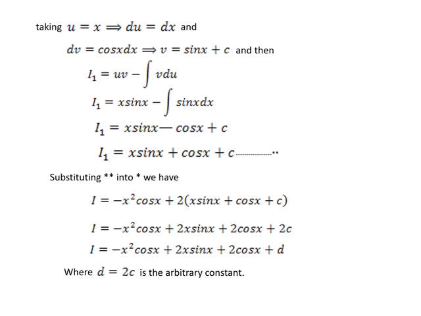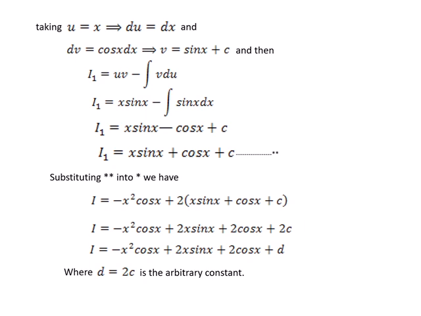So now we go back to the other one, where we represent that one by star. I is represented by star. Then I1 is represented by star. Now we want to substitute equation star into equation star from the previous slide.